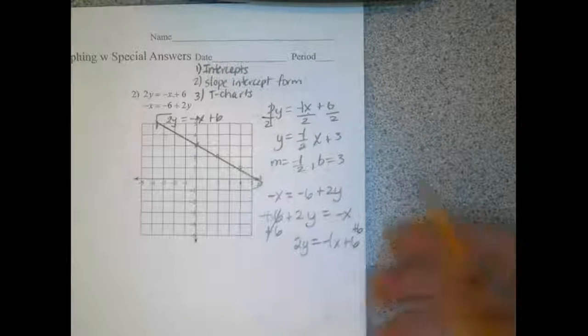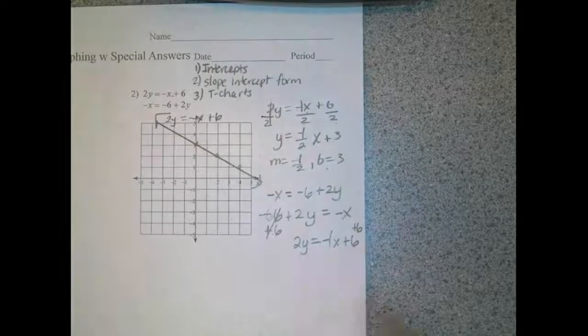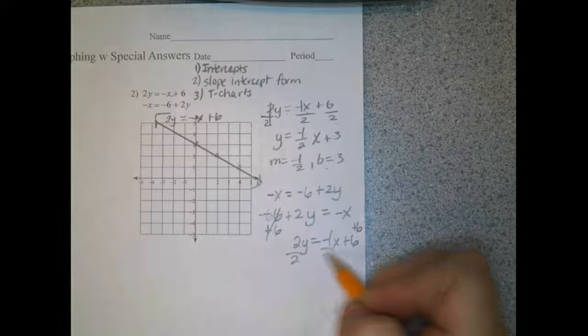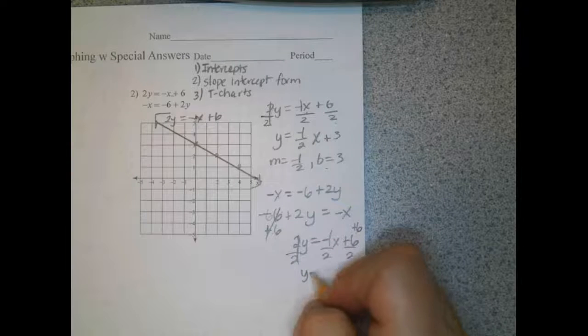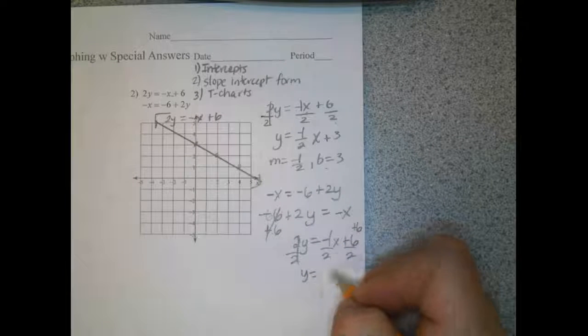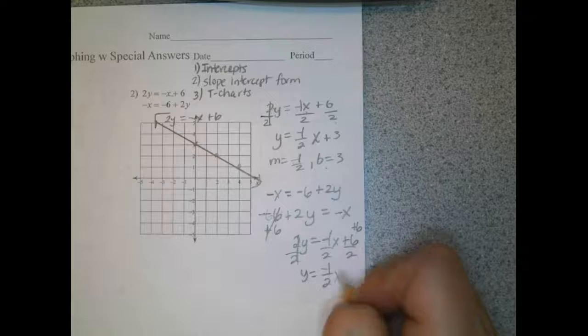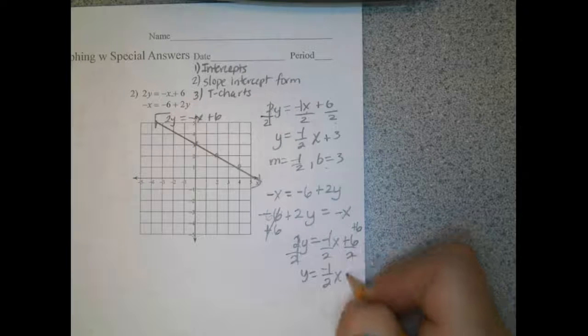So when I solve it, I need to continue by dividing by 2. That gives me y is equal to negative 1 over 2, which I can't simplify, so that becomes my slope. 6 divided by 2 is 3.